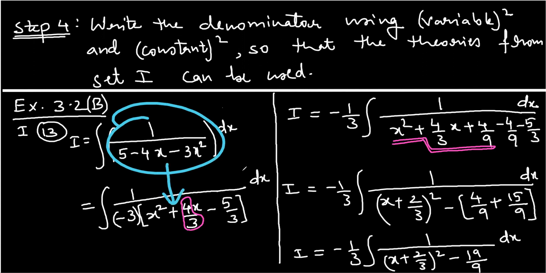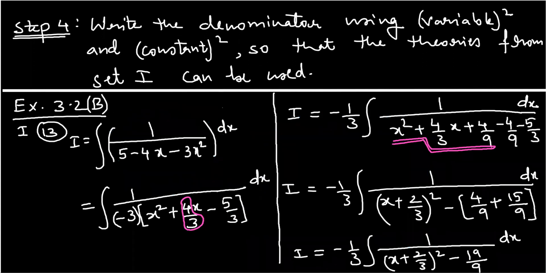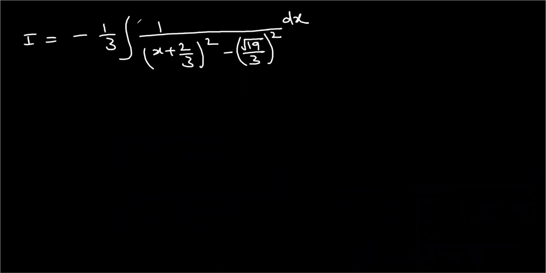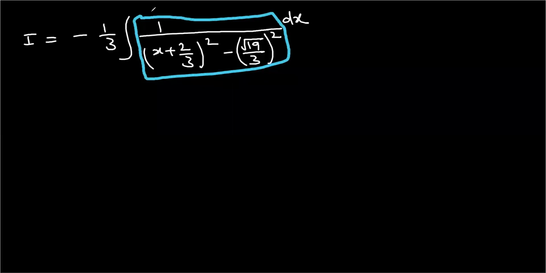I wrote this as this, then this. What is going on? This is nothing but transformation. You are trying to write the given integral into a form where you could apply the result. Now the moment you notice that result could be applied here, your job is as such over. And what you will do now, you will apply the result.